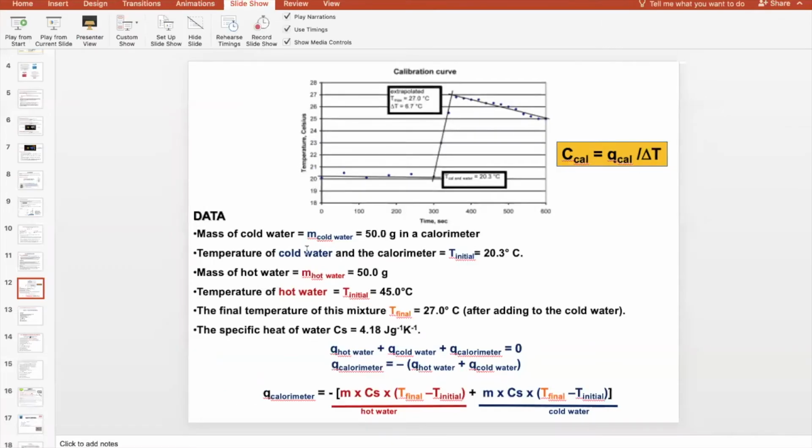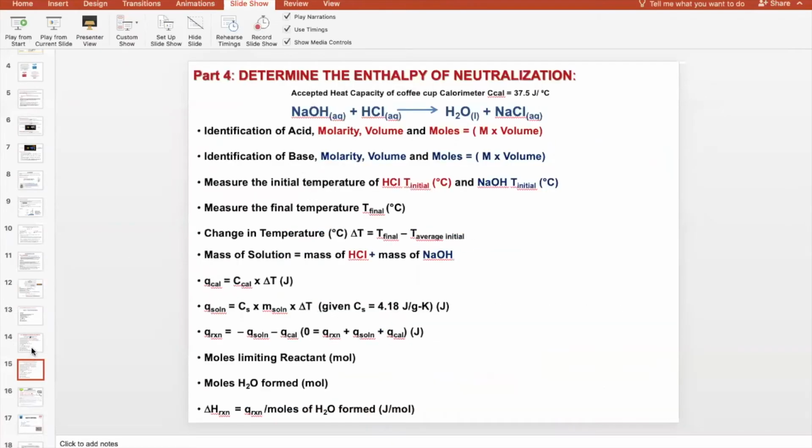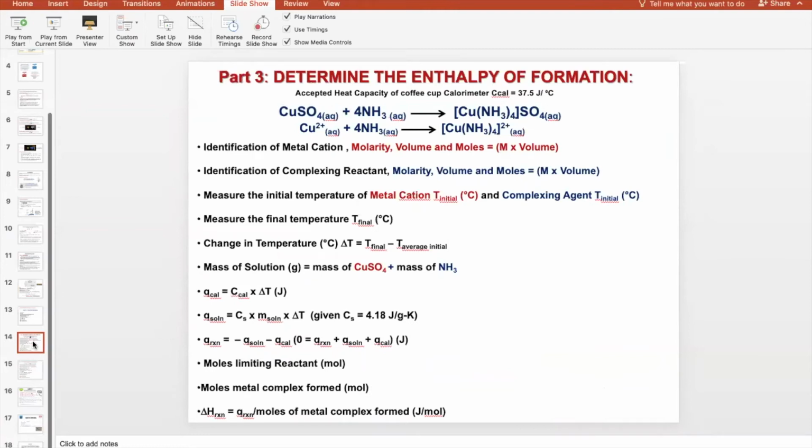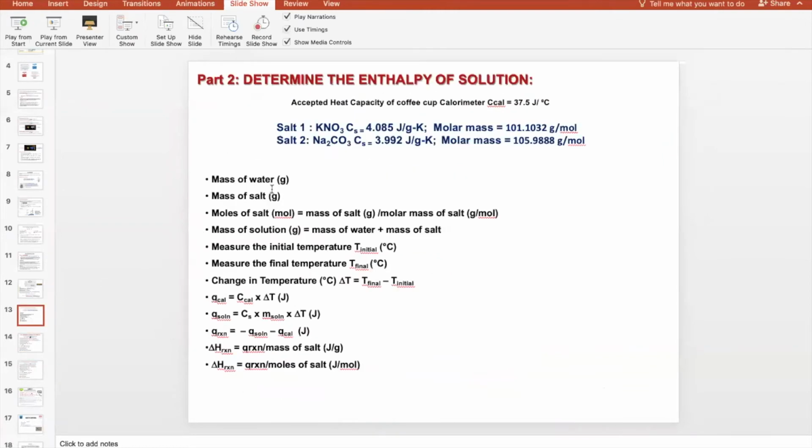So in case of this, let's see. I need to find the mass of each for the solution, mass of H2O, mass of the salt. We will find the number of moles of what? Number of moles of the salt by dividing it by its molar mass.